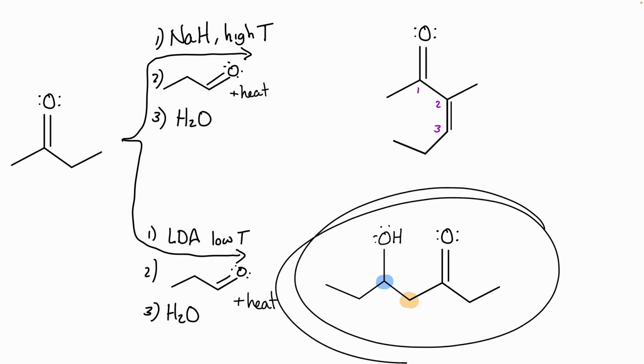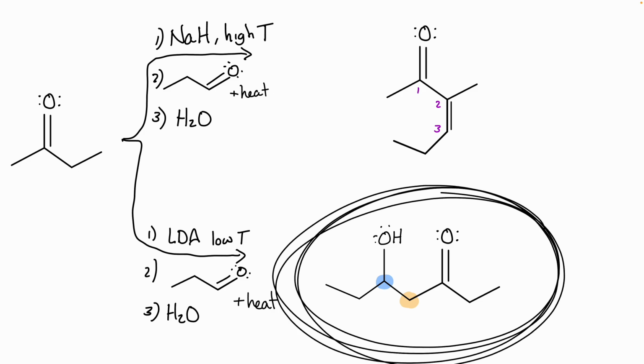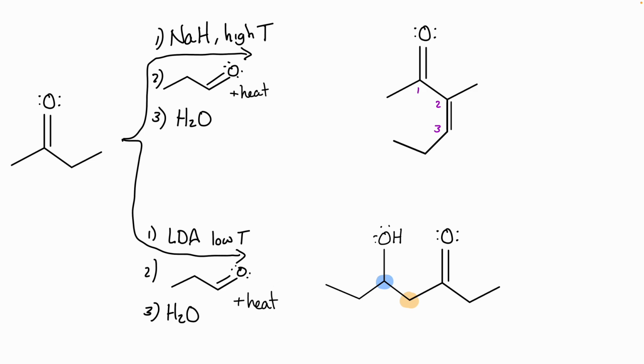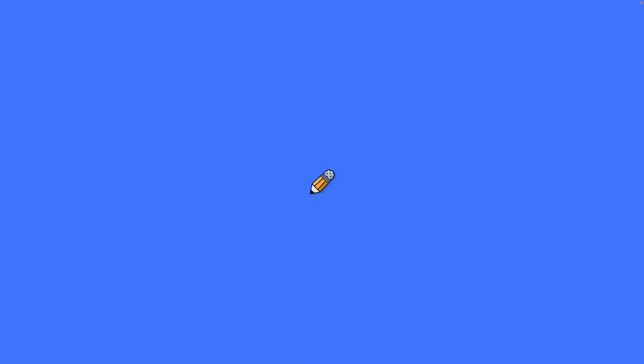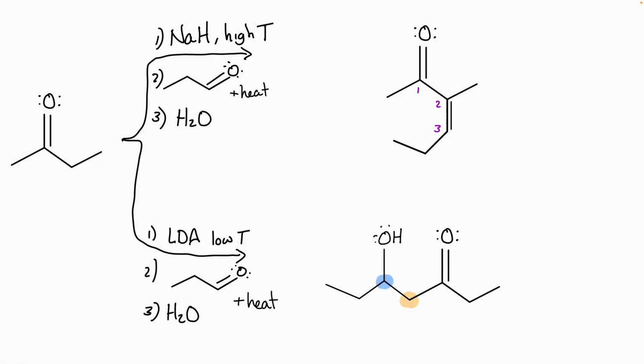So let's take this addition product and turn it into the condensation product. Again, I'm going to dehydrate, and where is that double bond going to go? Conjugated to my carbonyl group.